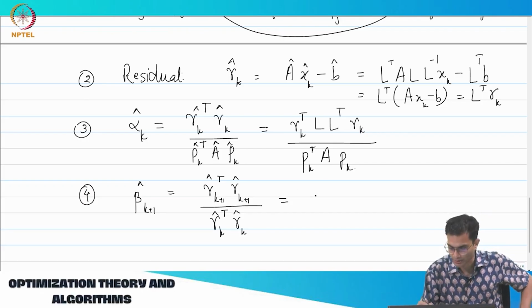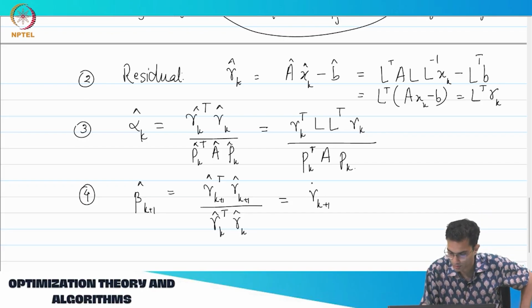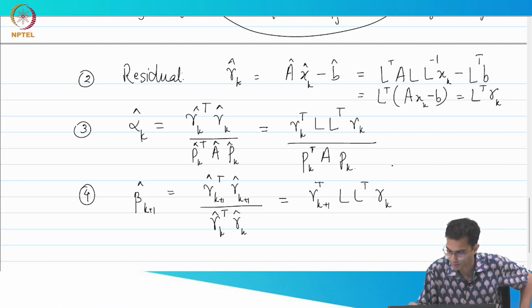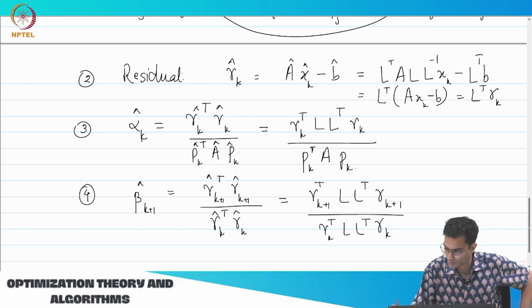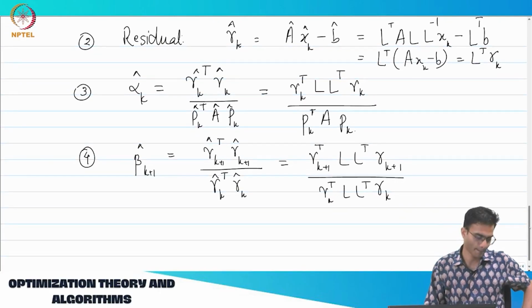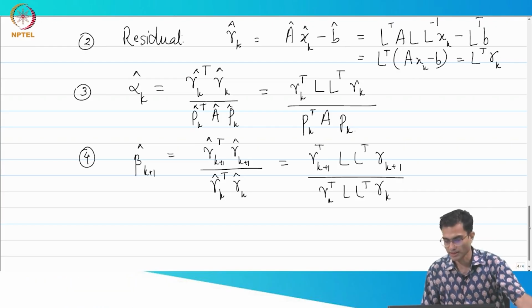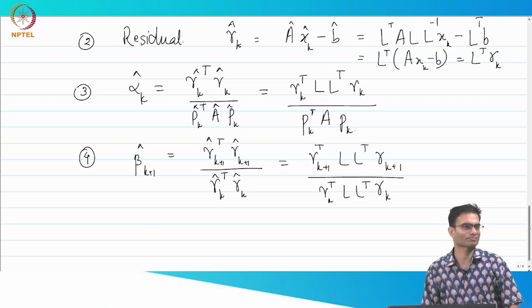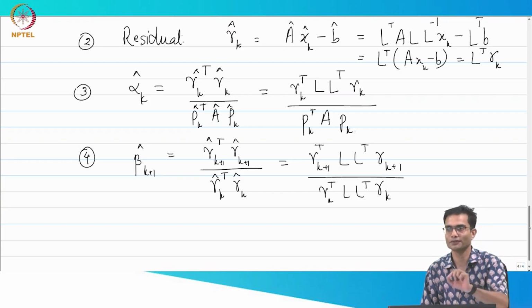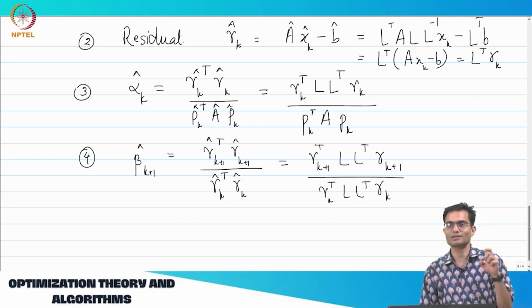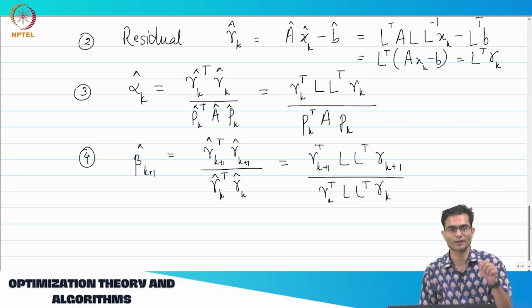This is very similar to step 3. I am just going to get an LL transpose rk divided by rk transpose LL transpose rk, right. So you notice that both alpha and beta have a kind of funny thing happening, that this LL transpose is being introduced somewhere. And if you remember our CG routine, I needed the values of alpha and beta to go ahead next.